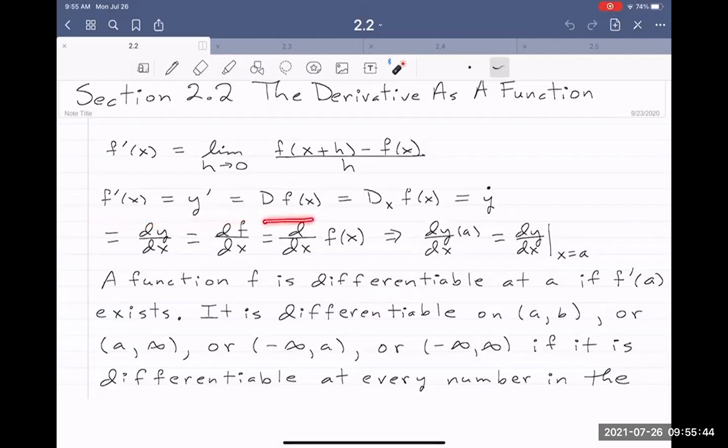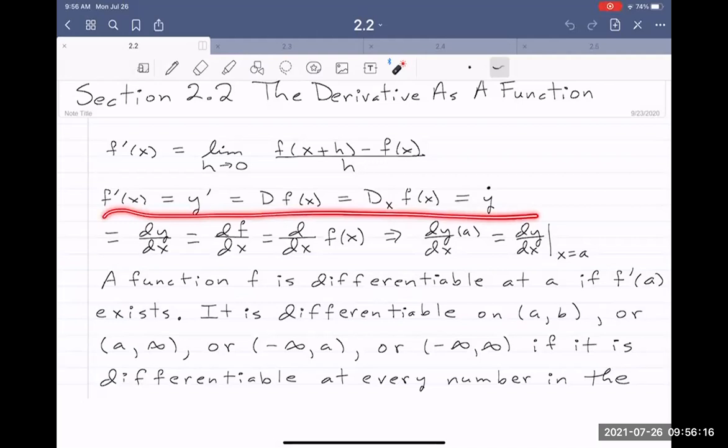Next, the capital D notation, the operator notation: D f of x, or D sub x of f of x. And I believe that was mostly Germanic notation. And the little dot notation, where you put a y with a little dot above it, the fluxion notation, that was the British notation.